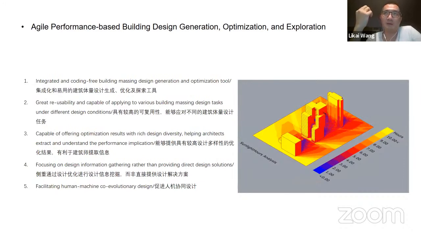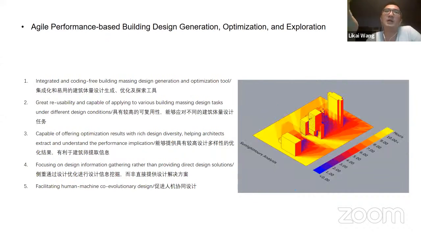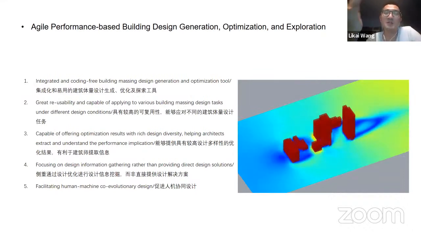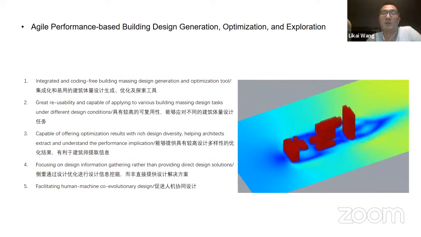So rather than provide the designer a direct design solution, I try to develop EvoMass to provide design information, and then based on this information, the designer can synthesize it in their design process, and also get extra information to overcome the data-poor situation in the early stage of architecture design.